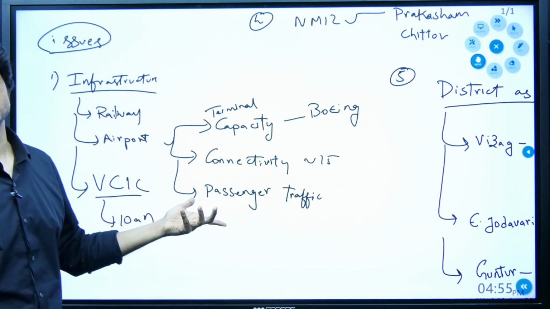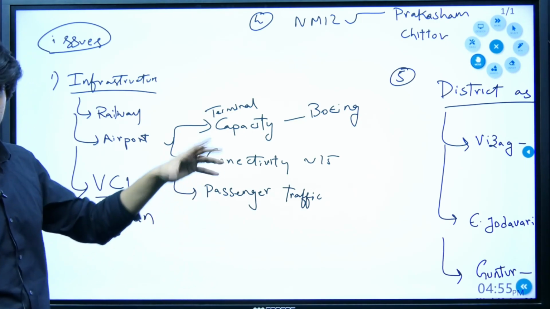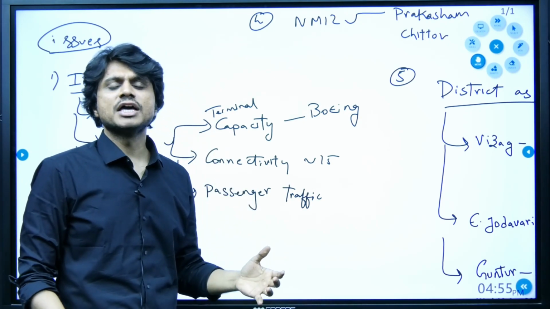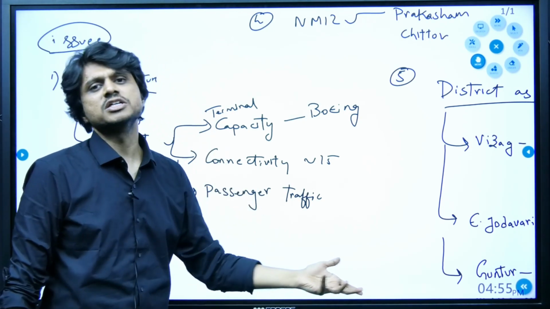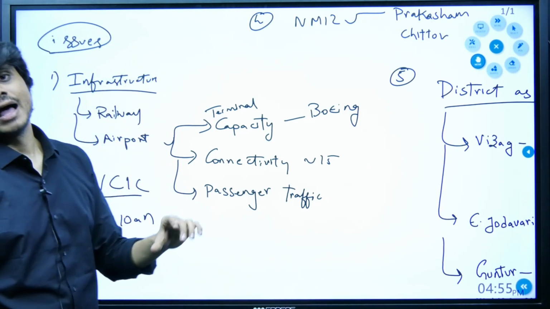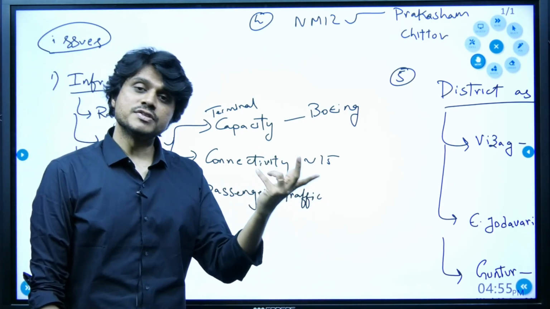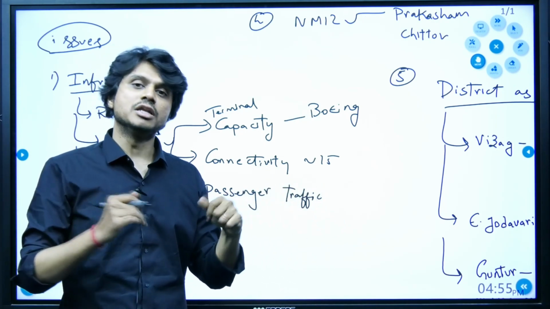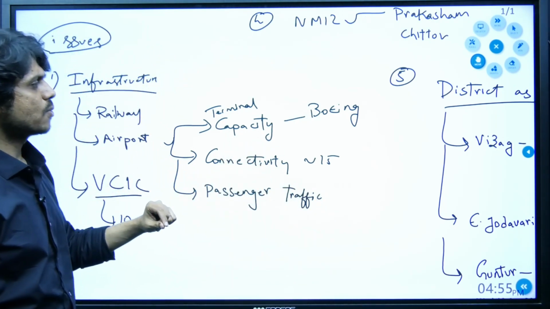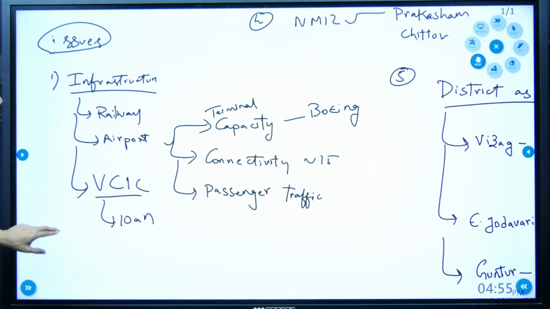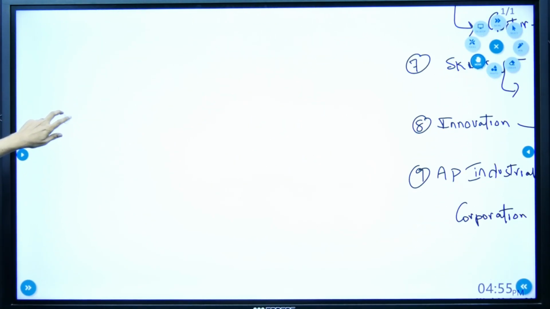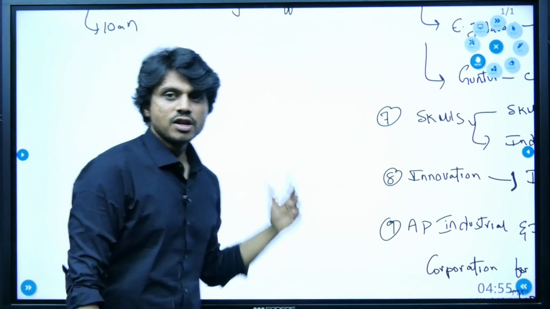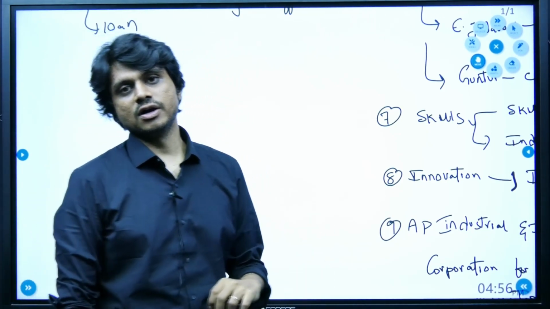From here the second problem comes: majority of the expenditure in the Andhra Pradesh budget, about 90%, goes to revenue expenditure, and our debt is also very high, as high as 33% of GDP. With high revenue expenditure and a high debt to GDP ratio, our fiscal space is limited. Apart from this, you can also mention the problems of infrastructure. These are some specific problems present in Andhra Pradesh. This will help you write the majority of answers with respect to industrial policy.